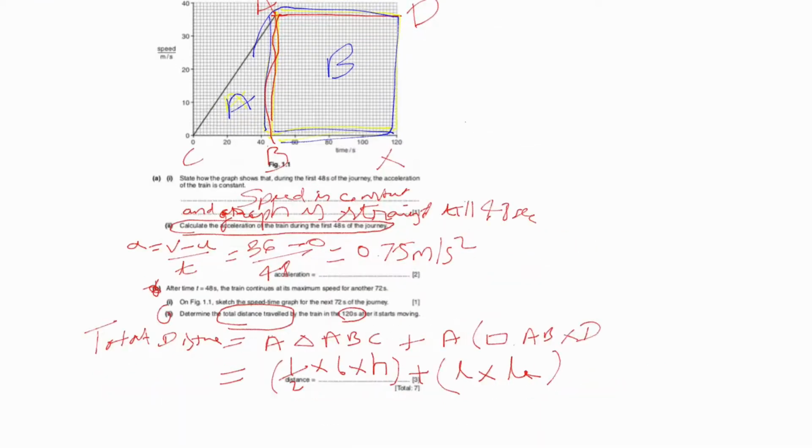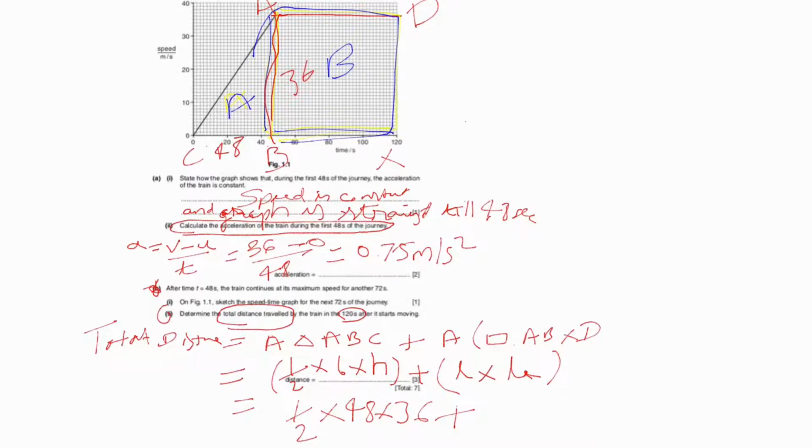So let's find. Length CB is the base of this triangle ABC. Length CB is 48. And the height, length AB, is the height, this one. It is 36. So we substitute the values: half into 48 into 36. This is done. Now for this rectangle we find length into breadth.